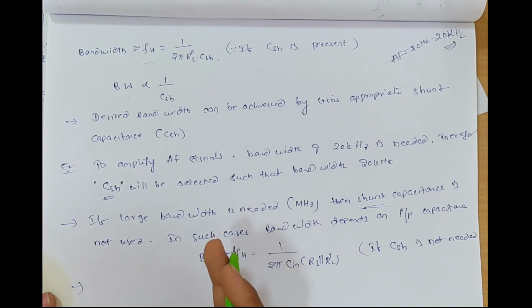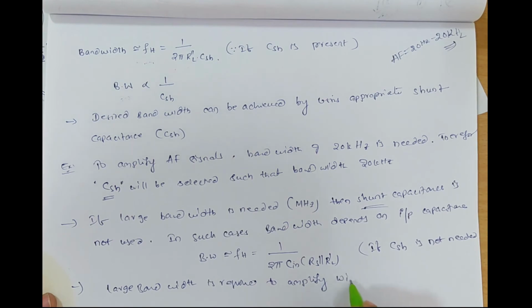Where will we use these large bandwidth signals? This large bandwidth is required to amplify wide bandwidth signals. Wide bandwidth means large bandwidth only, as the width of the band is high. Such signals, as we already know, are video frequency signals, whose bandwidth is nearly 5 MHz.